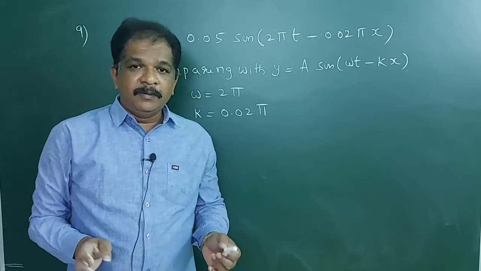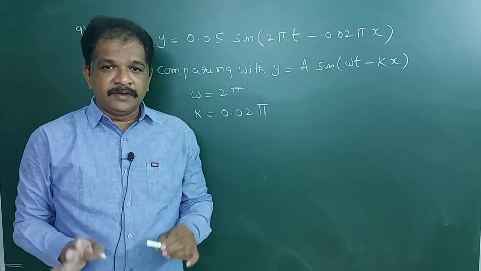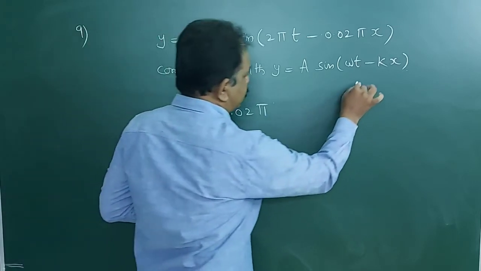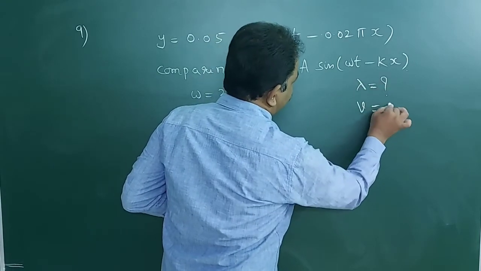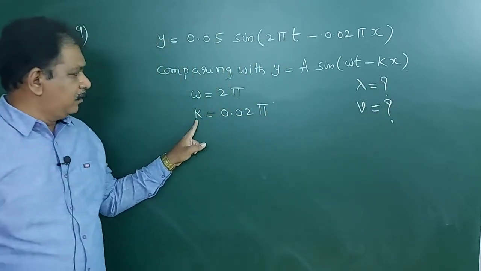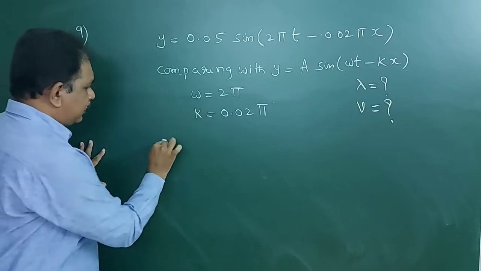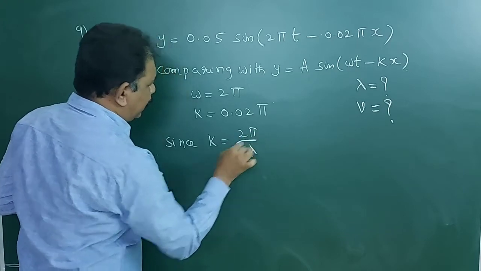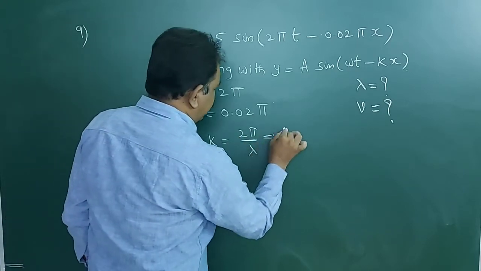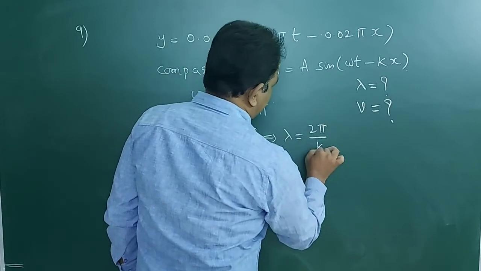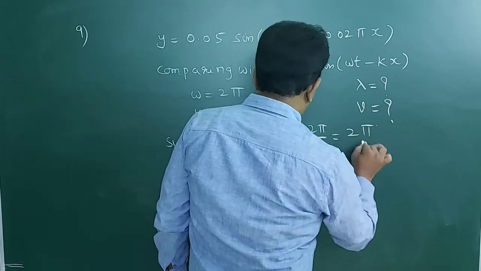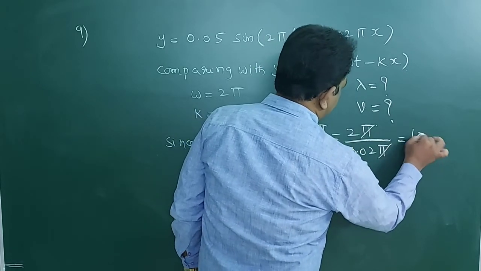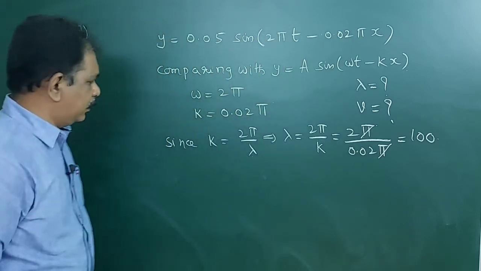We have to find the minimum distance between the two particles which are in the same phase, which means lambda. And we have to find the wave velocity. Using k, we will find lambda, since k is equal to 2 pi by lambda. Lambda is equal to 2 pi by k, that is 2 pi by 0.02 pi. Pi will cancel, so this will be 100.